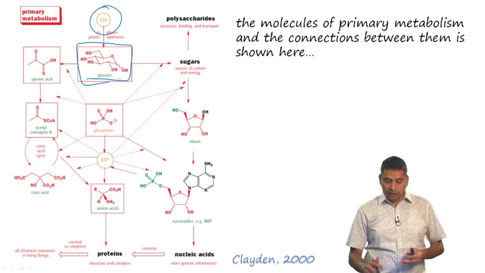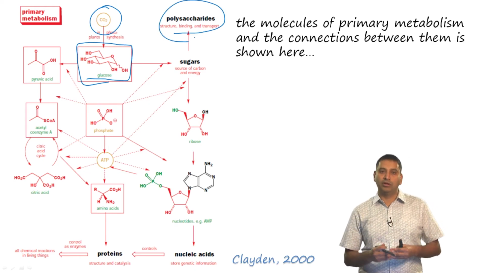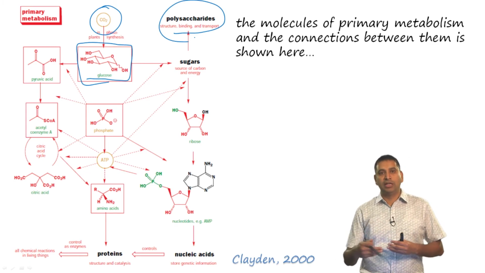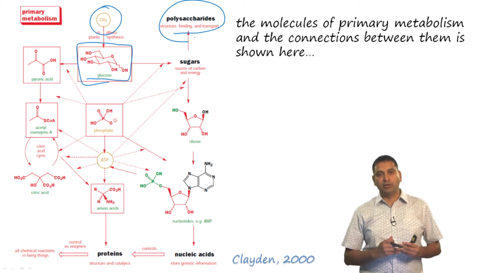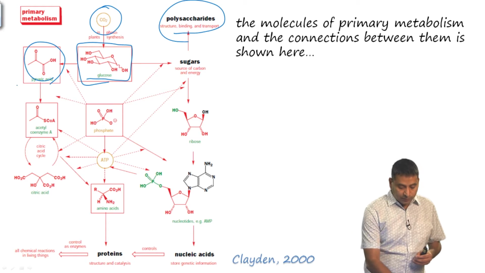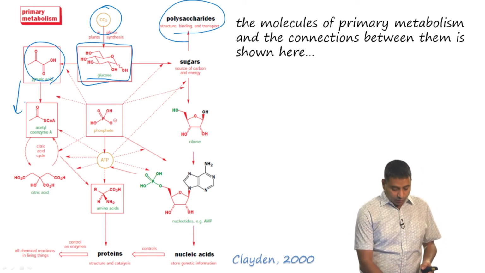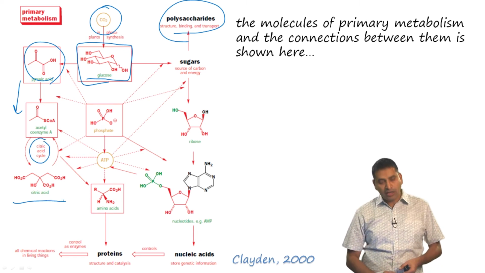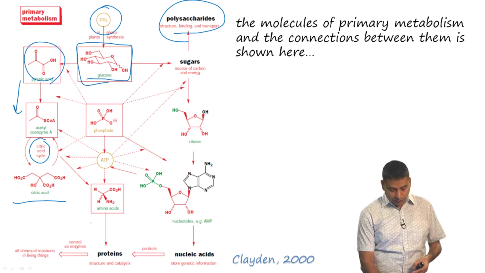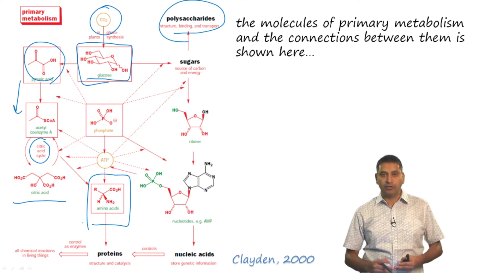And glucose can of course form polysaccharides, which through not just glucose but other sugars can form polymers. It can also be broken down into pyruvic acid, which then forms acetyl CoA. And acetyl CoA, as we know, can enter the citric acid cycle to produce citric acid. Now, acetyl CoA is also important in the synthesis of amino acids, and we shall look at some of these aspects later in the course.